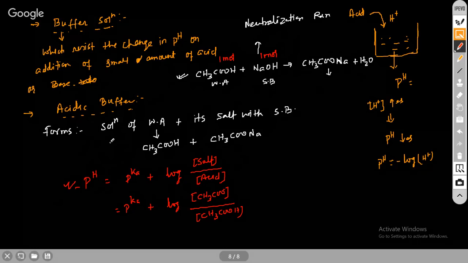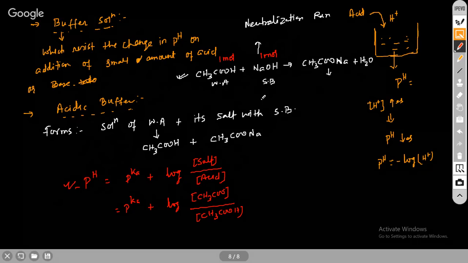But sometimes they will not mention that the solution forms a buffer solution. Then you have to first analyze whether it is a buffer solution or not. So take a hypothetical situation here. If this CH3COOH reacts completely with NaOH, suppose you have excess amount, suppose the CH3COOH reacts completely with NaOH.